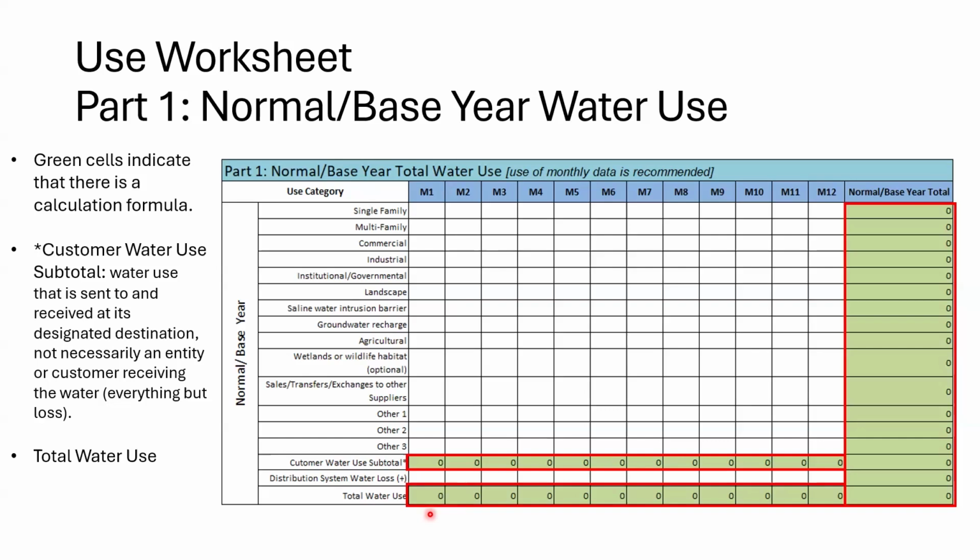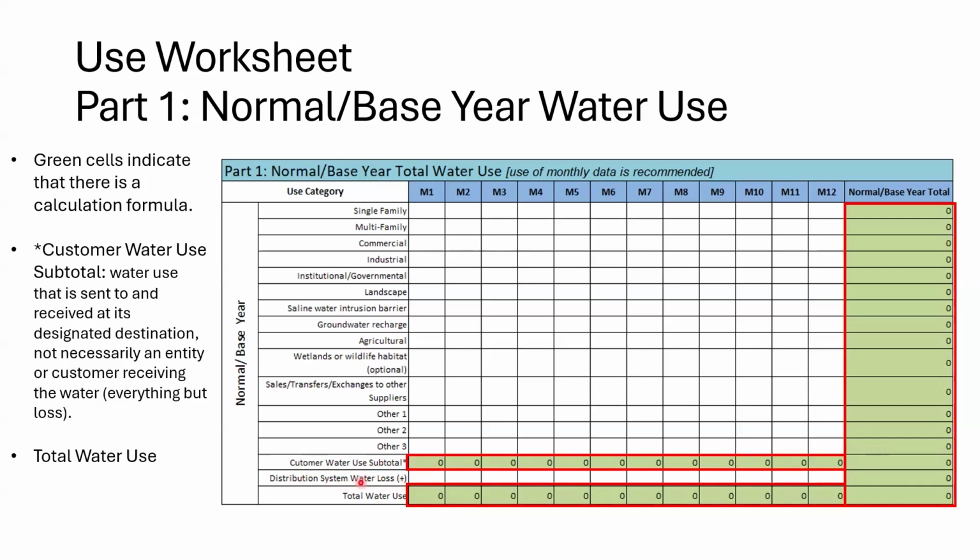Loss is a use sector that needs to be reported in the UWMP for retail suppliers, so it would be part of your total water use down here at the bottom. But if you want to see the water that actually ended up being sent to and received at its designated destination, then you can get that total right here. And it just gives you a more detailed look at your water use in general.